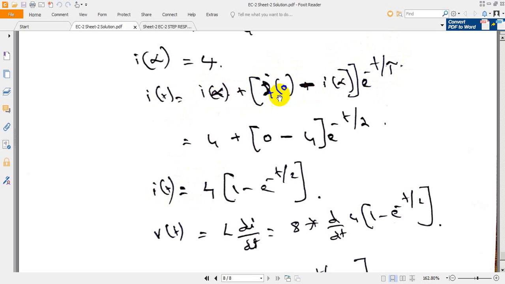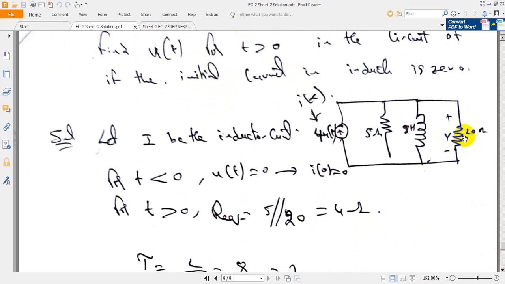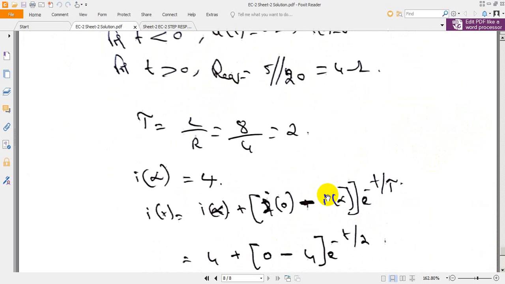Initial current is 0, it is given in the problem. I infinity is 4, it is given. Tau value is L by R. L value is 8, and across this we have two resistances, 5 and 20, in parallel, so we got 4 ohms.